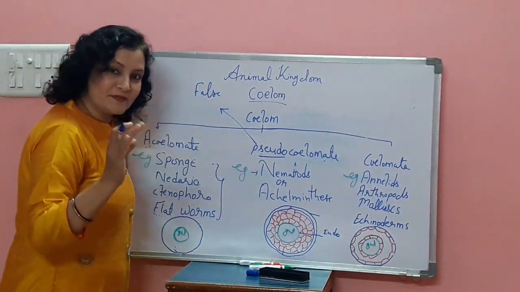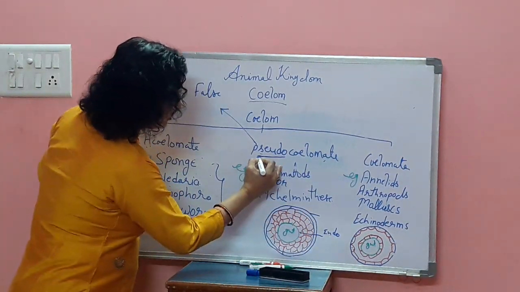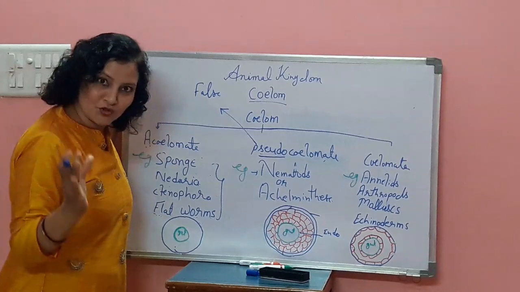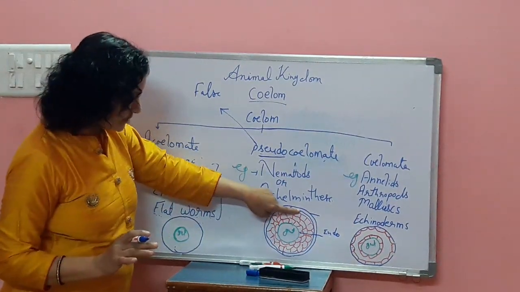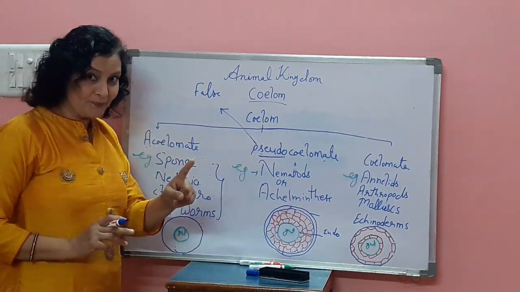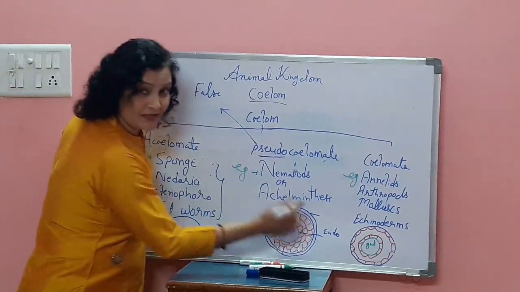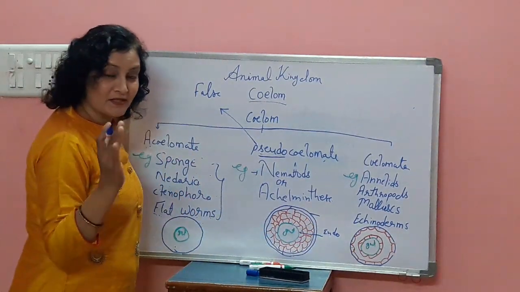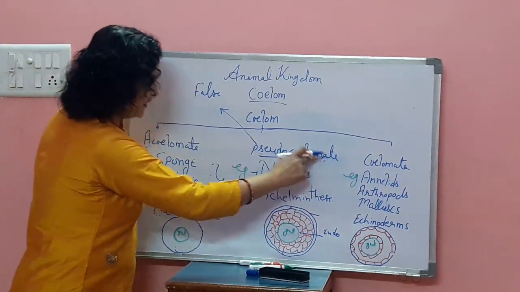It does not form linings in the coelom. So the coelom body cavity is present, but it does not possess mesodermal lining, outer and inner. I told you the outer layer is parietal peritoneum and the inner layer is visceral peritoneum. It is not found in pseudocoelomate animals.